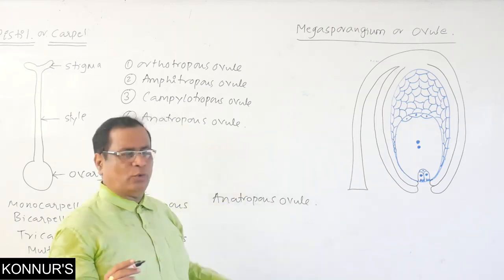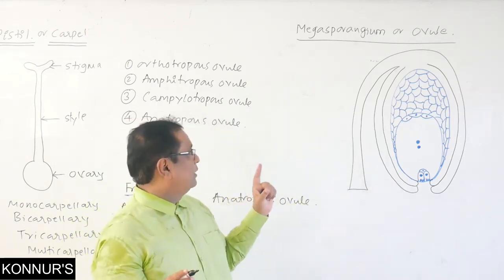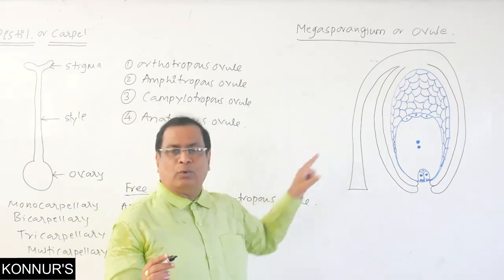An anatropous ovule is a bent ovule. We have to study the structure of this anatropous ovule only.